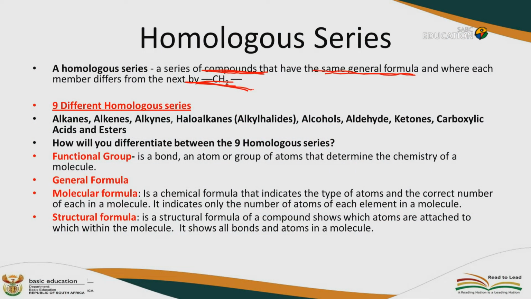As I indicated that for each of these 9 homologous series, you are supposed to know, number 1, the functional group. The question is, how will I differentiate between alkanes, alkenes, alkynes? How will you differentiate between them? How will you differentiate haloalkanes?